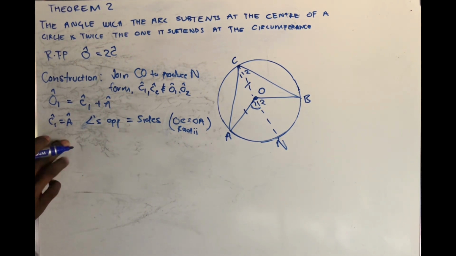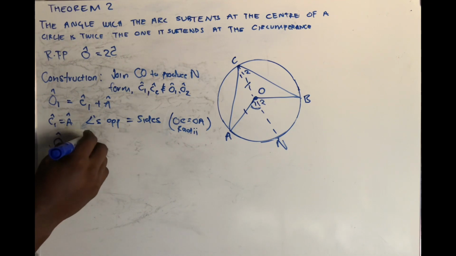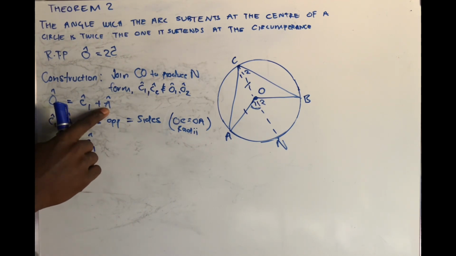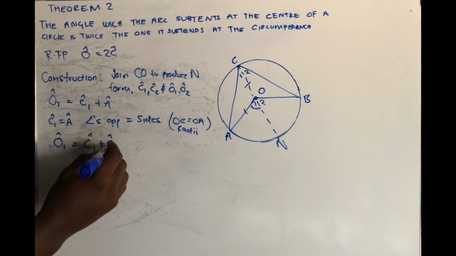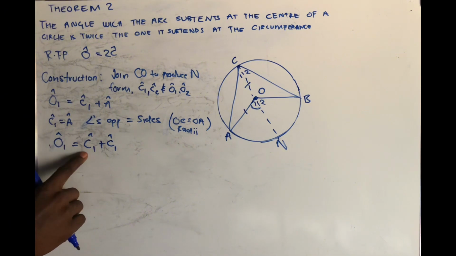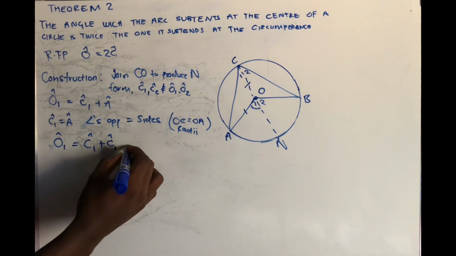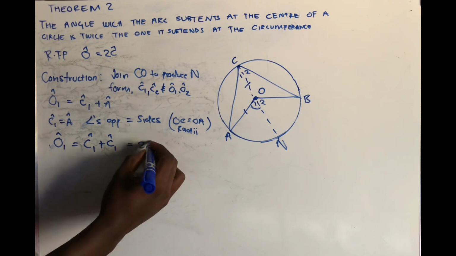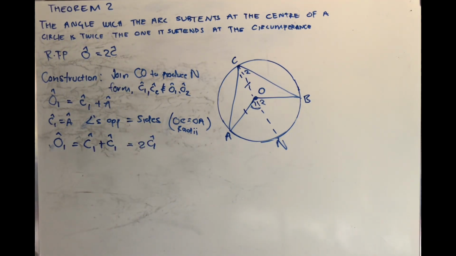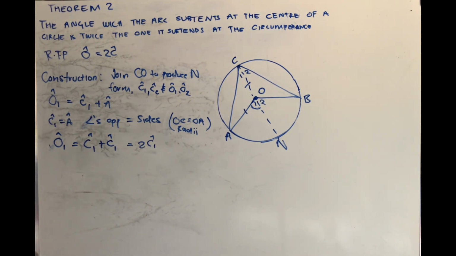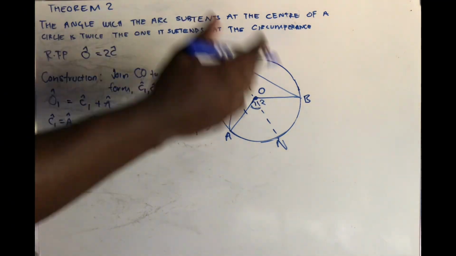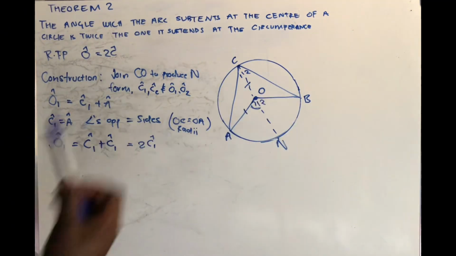Let's rewrite angle O1: it is equal to angle C1, but instead of putting A, we put C1, another angle C1. What's C1 plus C1? It gives you 2C1.